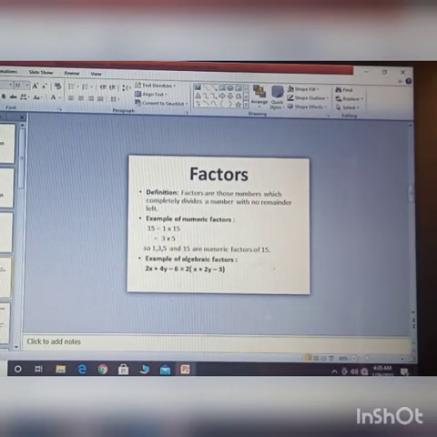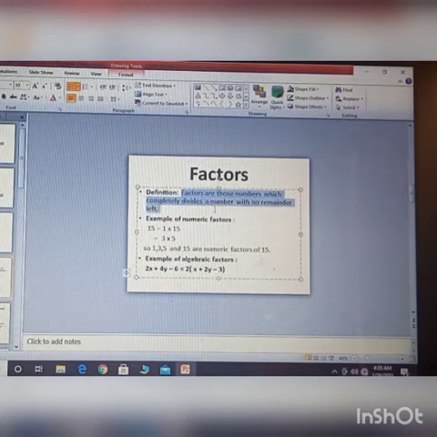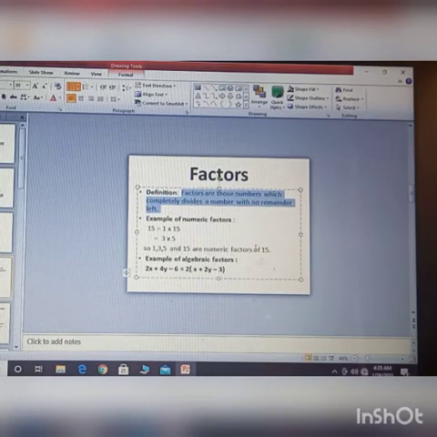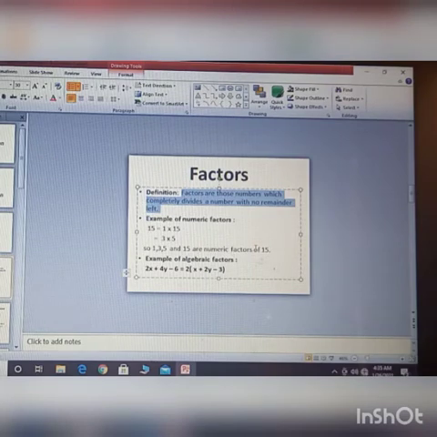Now let's move forward. Here there is a definition of factors. I hope it's visible to all of you. Factors are those numbers which completely divide a number with no remainder left. So what does it mean?